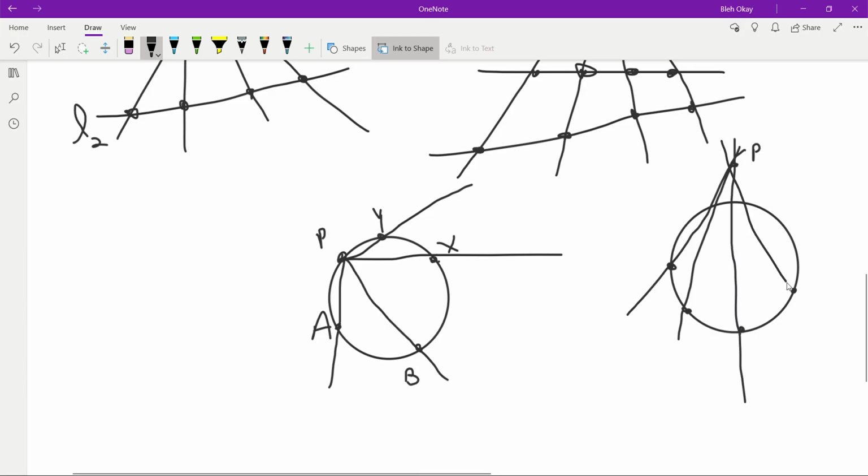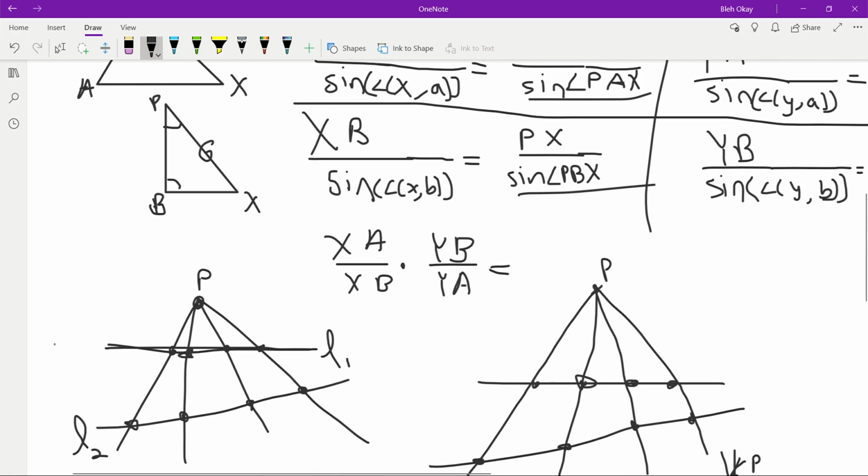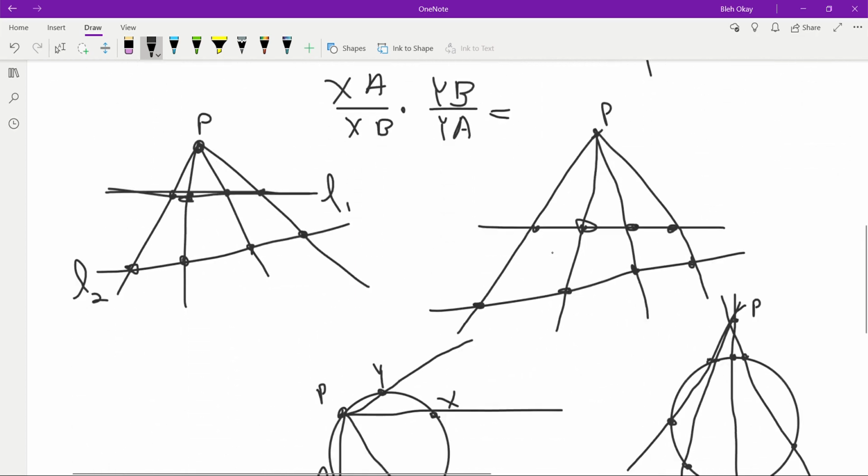I don't know why the shape tool isn't making these lines, but I tried. And we get 4 new points where the lines intersect the circle again. Then these two different cyclic quadrilaterals will have the same cross ratio. So these are 2 important results, but I won't prove them because they're pretty much the same as this proof here, just using law of sines.